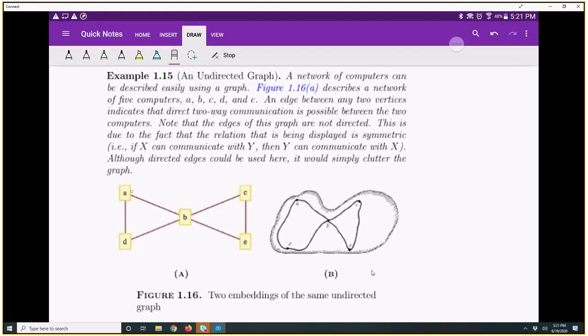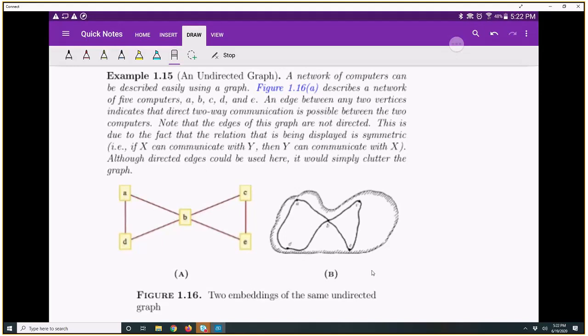So A has direct communication with D and B, and it's direct two-way communication so the computers can talk to each other. This type of relation is what is called a symmetric relation. A relation is symmetric if we always have the property that if X can communicate with Y, then Y can communicate with X. So if the two-way communication is always there, we would call this relation symmetric.